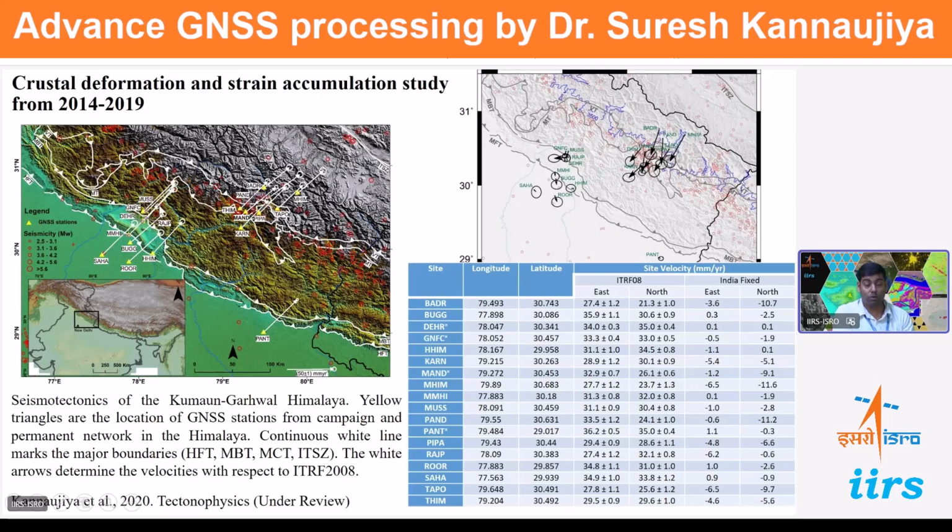Our study has produced very significant information and provided very good science about the ongoing crustal deformation in Uttarakhand and the neighboring region.